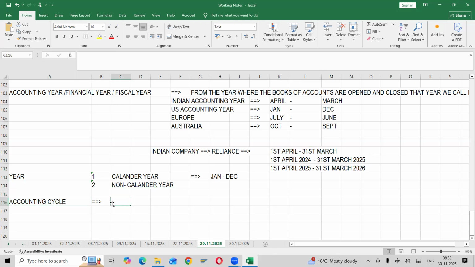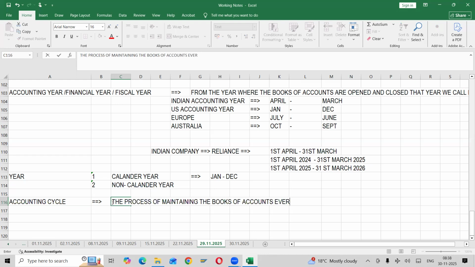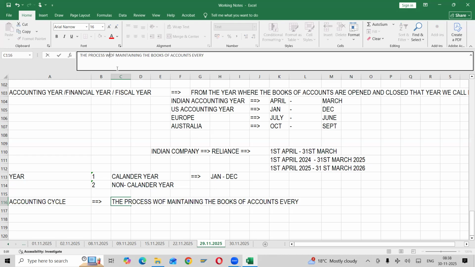The process of maintaining the books of accounts every year, the process which involves some steps in maintaining the books of accounts every year, that process is known as the accounting cycle.